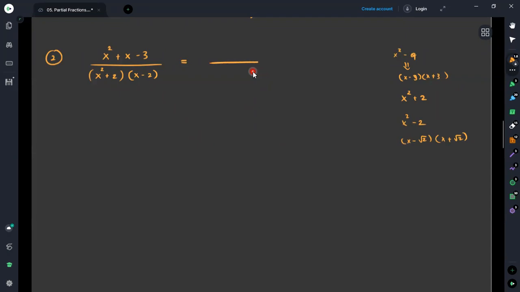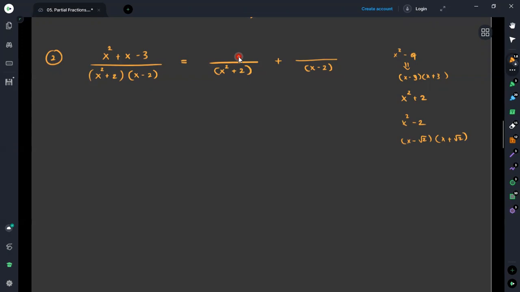Therefore, here we have x squared plus 2, an irreducible factor, and the next factor is x minus 2, which is a linear factor. In the previous calculation I also mentioned that once we have decomposed into partial fractions, a partial fraction cannot be an improper fraction.